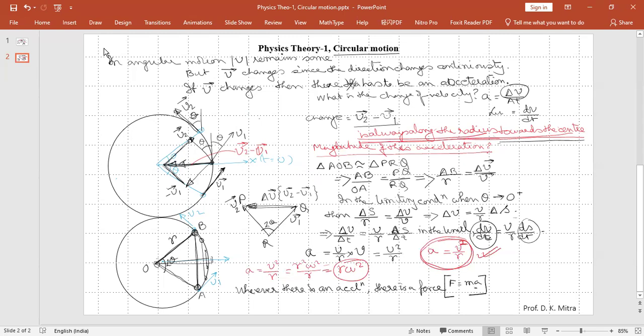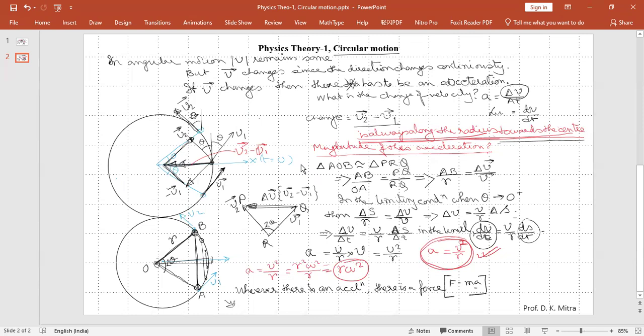So if there is an acceleration, there is a force. Now, think of it. Some body is moving around a circle. Suppose you have a motorbike, you are going in a circle. Anything moves in a circle. Then who applies this force? Where does this force come from? In the next episode of this theory, we shall see where this force comes from. But there is a force.